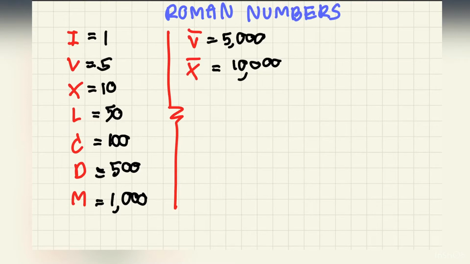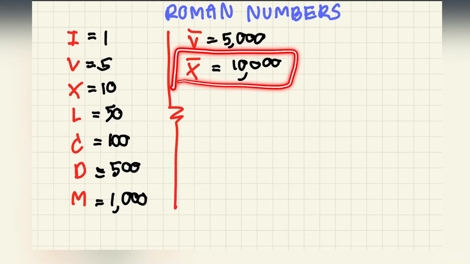If you want to memorize the big numbers easily, you can just memorize like this. If V is equal to 5, then V bar would equal 5,000, because from here to here, you can see that we added 3 zeros. And it is the same pattern with the other numbers.